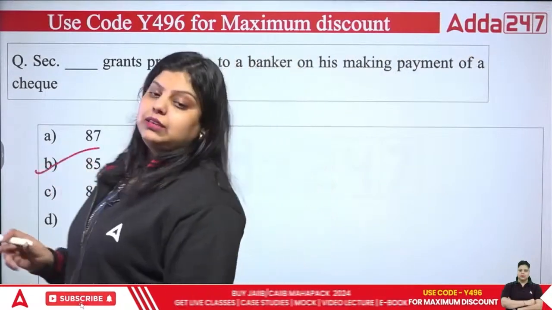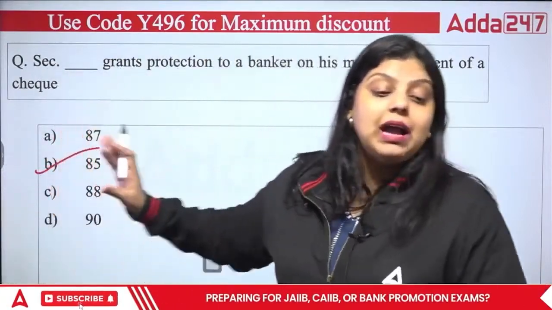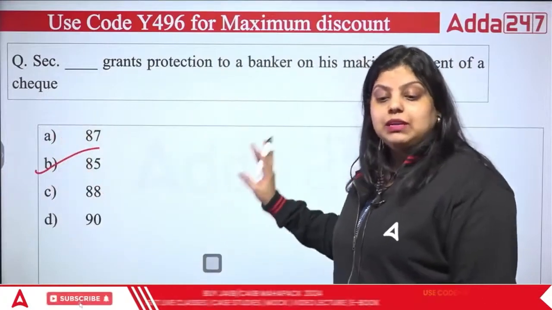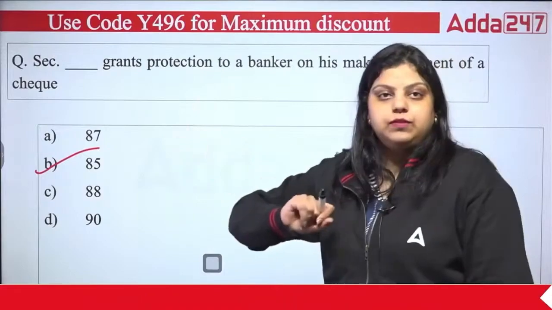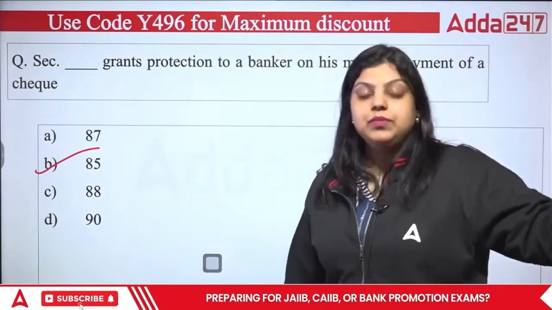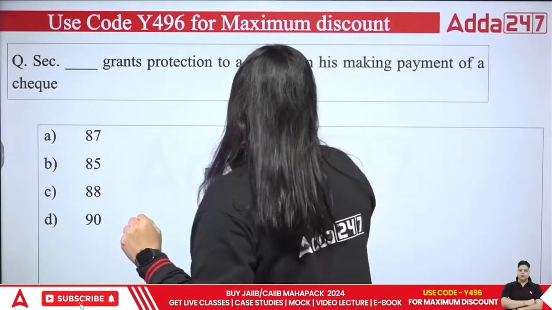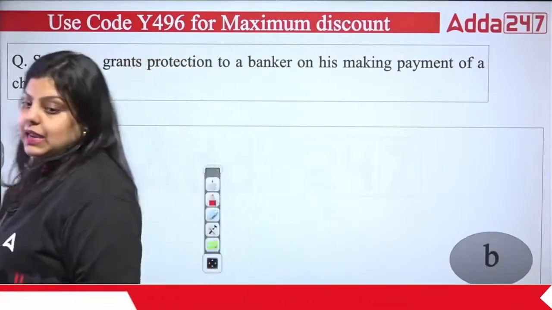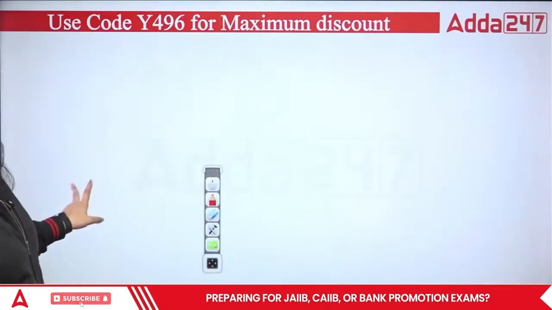This is a very small chapter. Paying bank responsibility is a very small chapter, but it has a lot of sections that you have to remember: what section 85 is doing, what section 89 is doing, what section 31 is doing, what section 10 is saying. These kinds of things you have to cover. So section 85 grants protection to a banker on his making payment of a check. So the right answer you have is B.